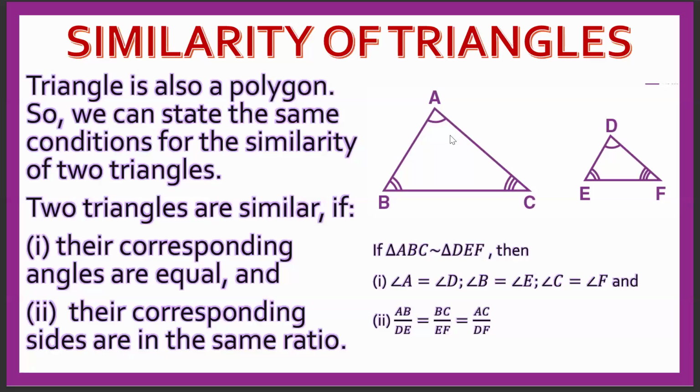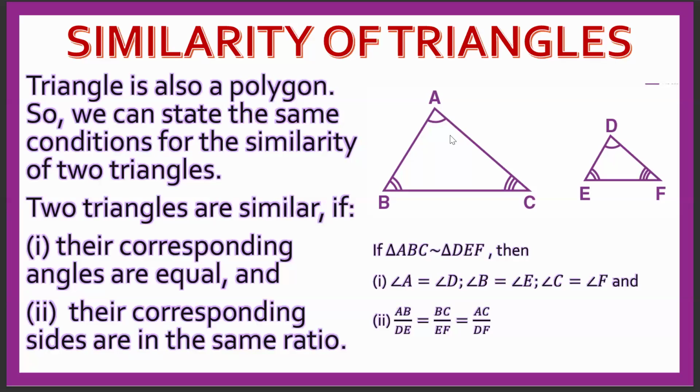But what is the difference between congruency and similarity? Let's see. In the case of ABC and DEF, if angle A is equal to D, B is equal to E, C is equal to F, and the ratios are equal, then this is similar.